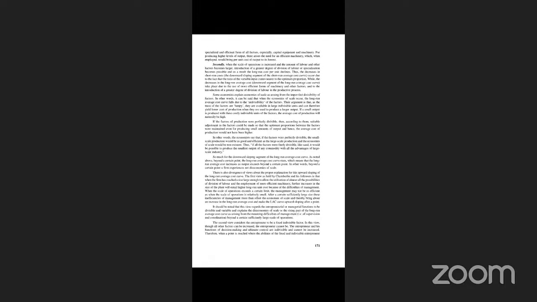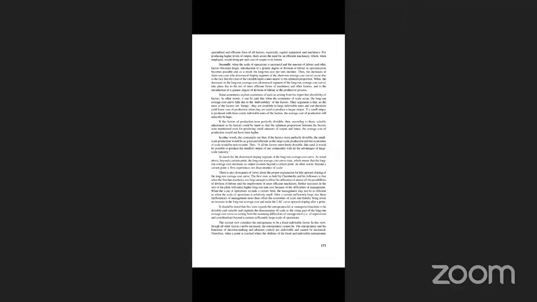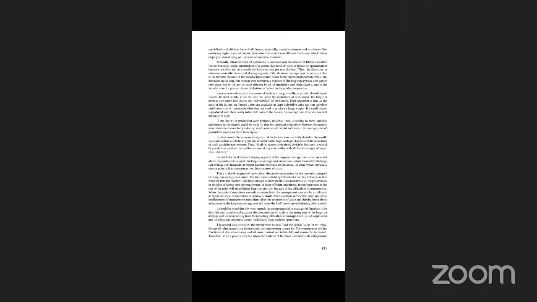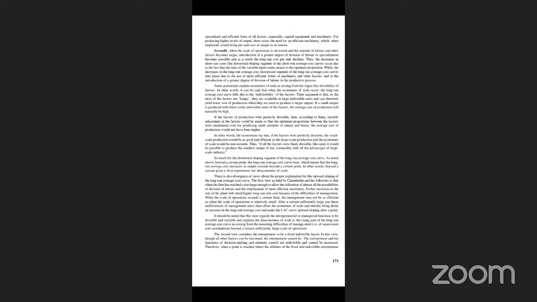See, when any variable is employed, it would bring some amount of output, some amount of output which should be considered to be lowest. So especially when capital equipment and machineries have a higher output, there is a need for efficiency.